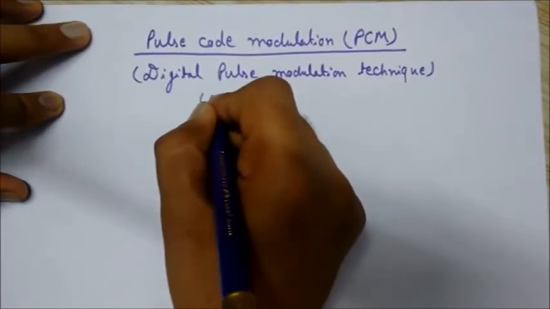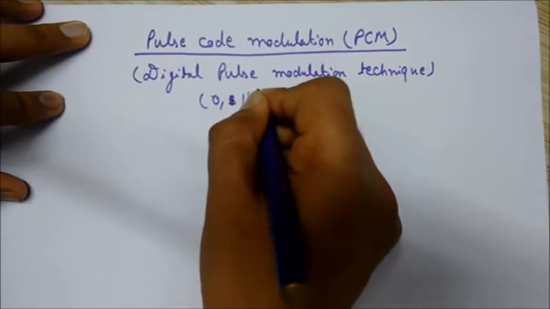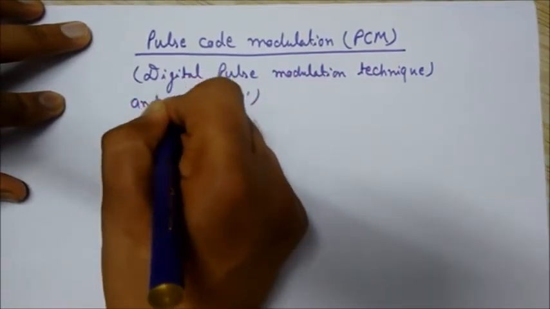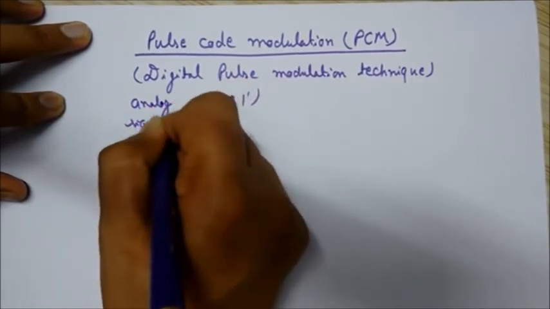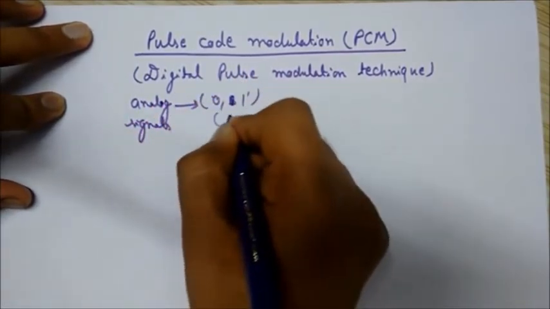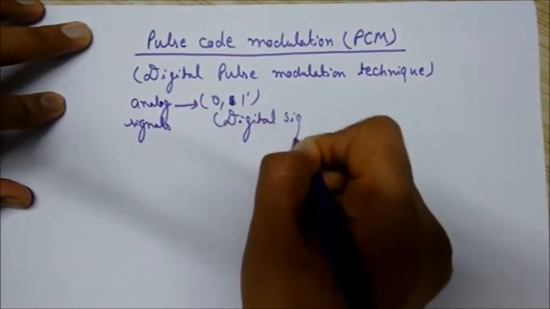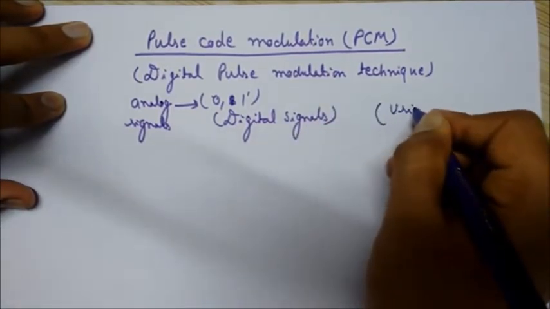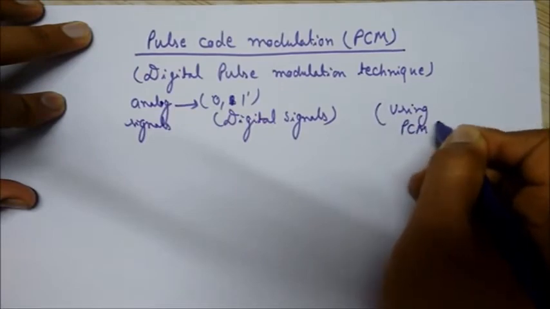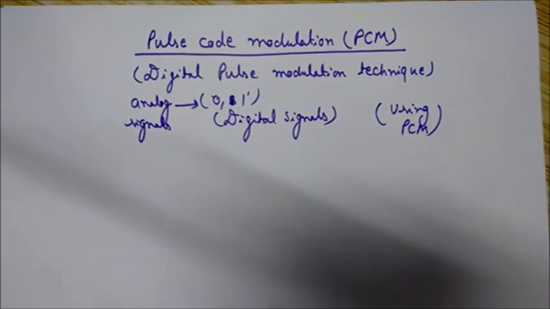Using PCM, you can convert analog signals into digital signals, into zeros and ones.